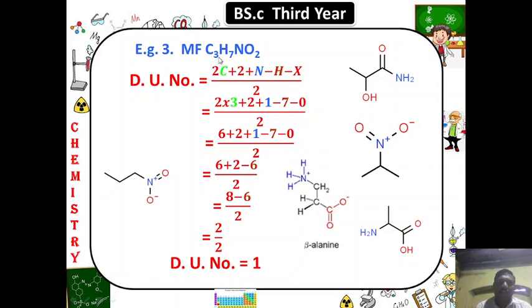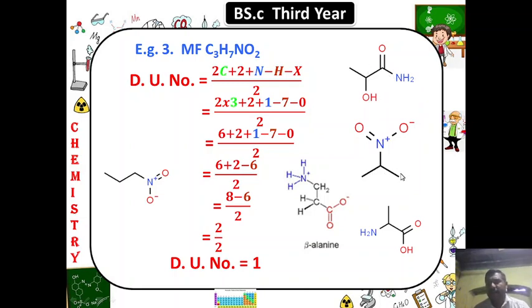From this formula we can predict different molecules, but exactly which molecule is it? For that purpose we need the NMR signals. If the NMR signals are given, we can correctly determine which molecule it is. Here, in this molecule, 4 signals arise in the H1 NMR spectrum.